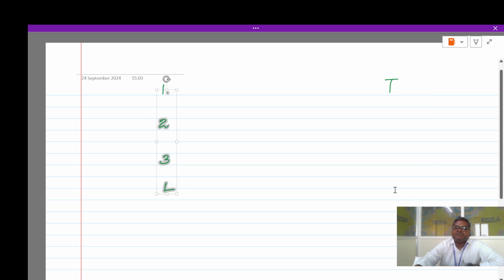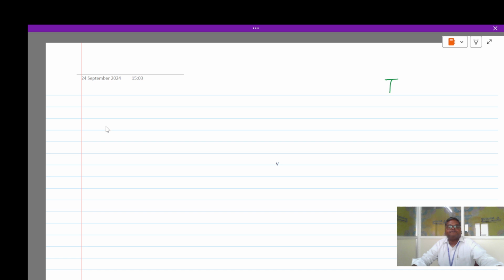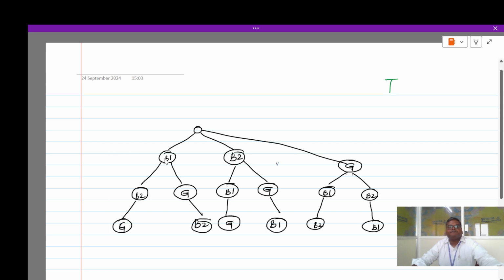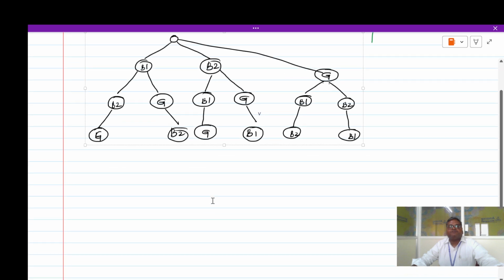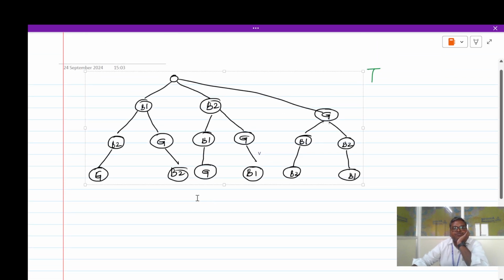Either she should be at first or she should be at last. Suppose that is the condition. So this was our tree. So what we can do is, coming to the first option.